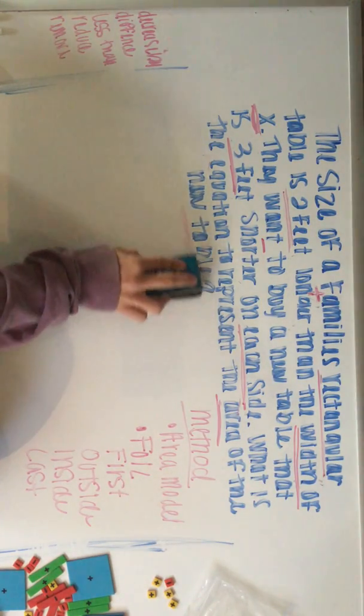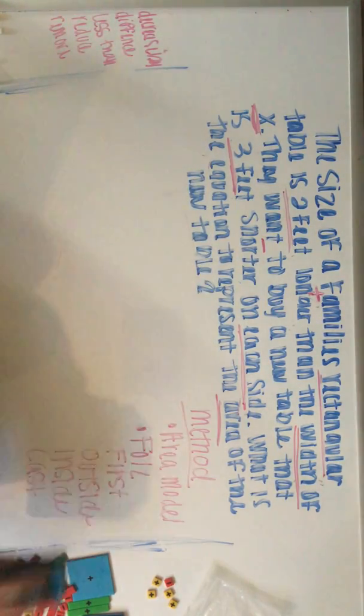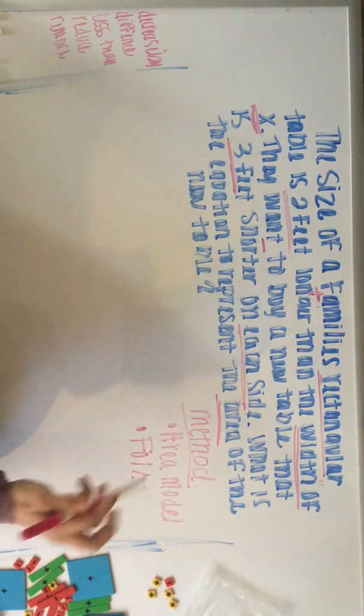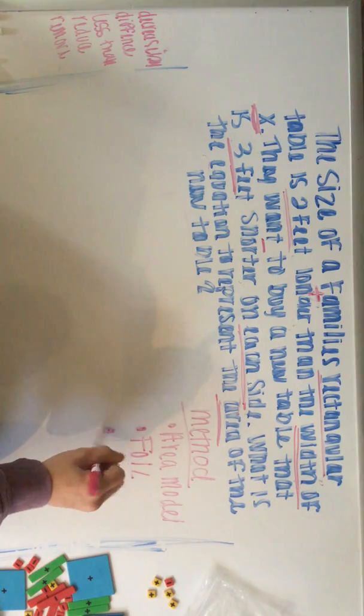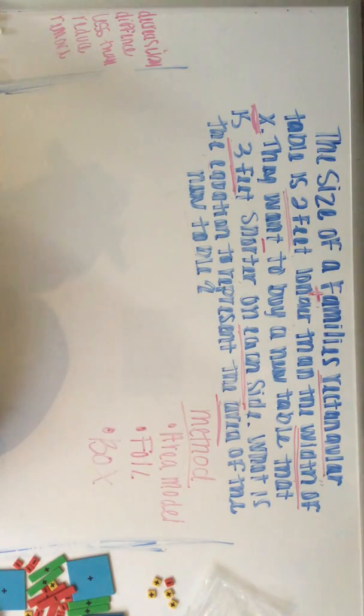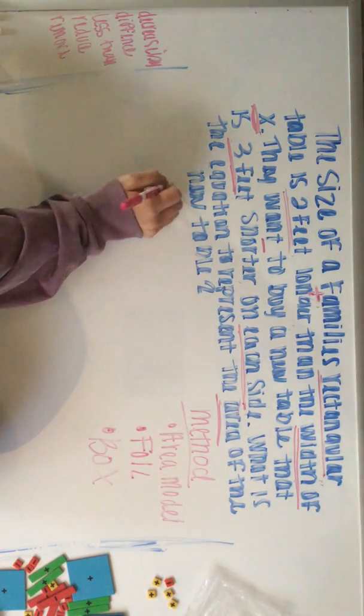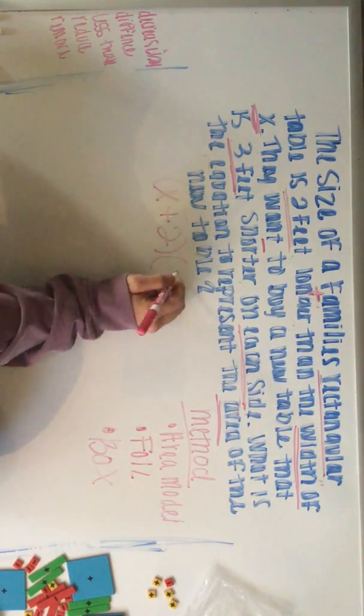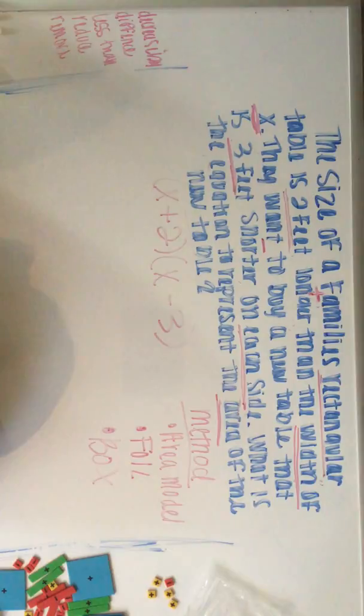We have one more method that is a good visual method. It's called the box method. So we're going to add it down here. Box method. All right, so we have our problem, x plus 2 and x minus 3. And now we're going to draw a box kind of like we did at the beginning.